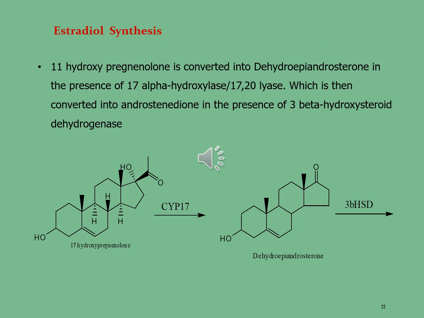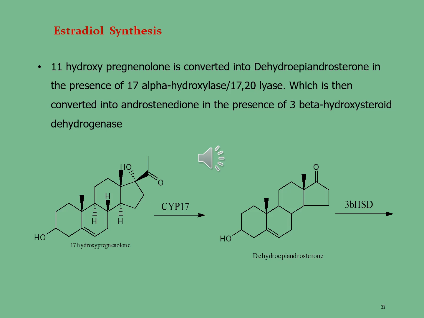In the first step, 17-hydroxypregnenolone is converted into dehydroepiandrosterone in the presence of 17-alpha hydroxylase/17,20 lyase enzyme, which is then converted into androstenedione in the presence of 3-beta hydroxysteroid dehydrogenase.